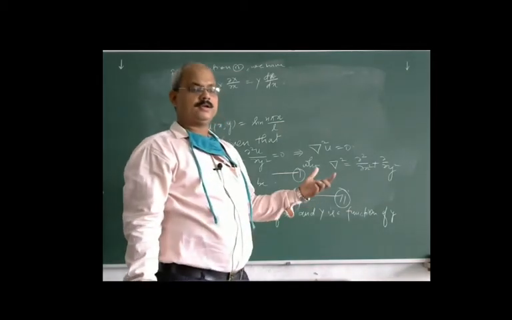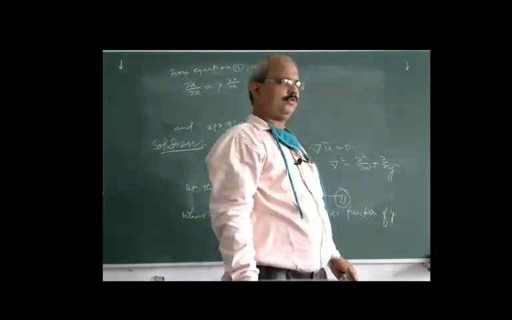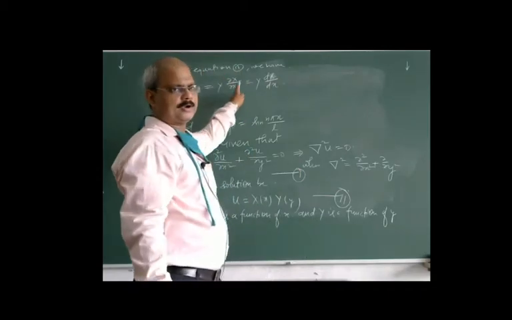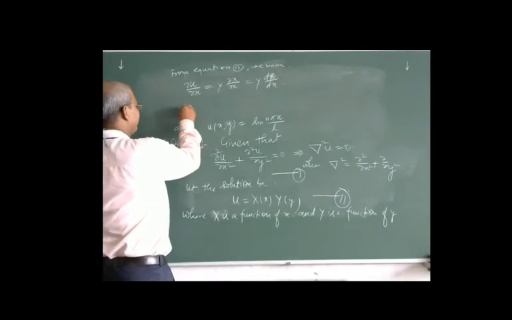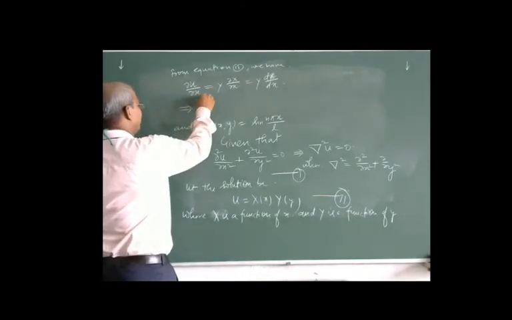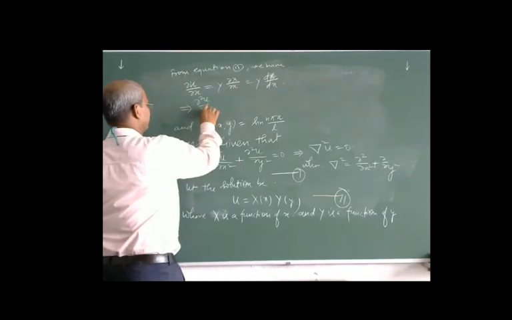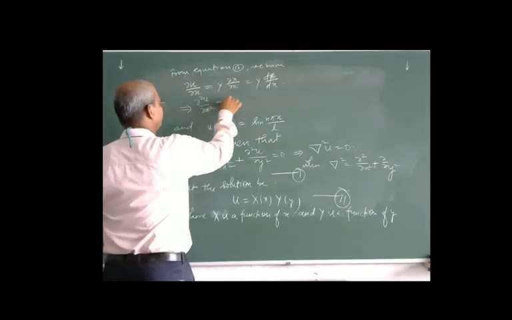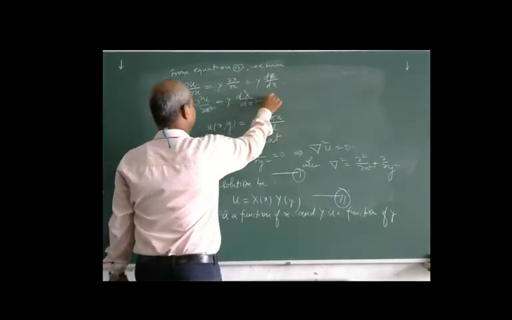Since X is a function of one variable, the partial differentiation converts into ordinary. By the same procedure, del 2 u by del x squared is Y d2X by dx squared.